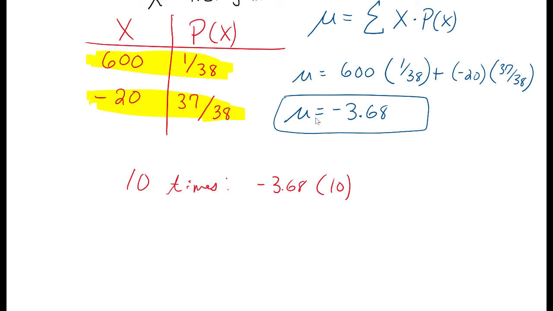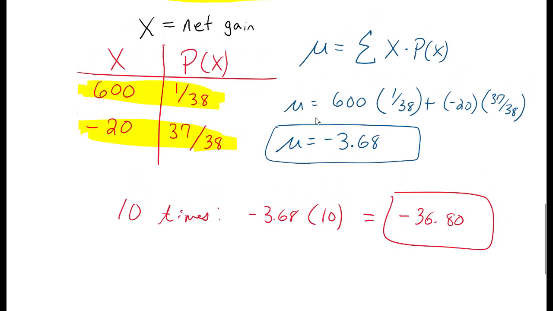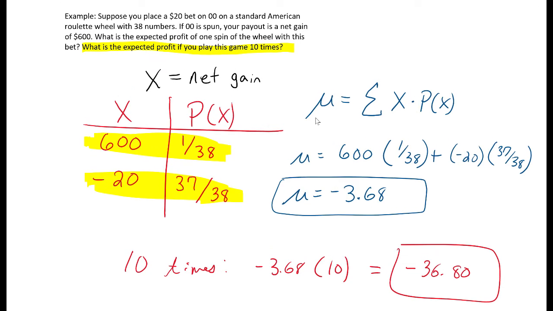I don't need a calculator for that. That just means move the decimal place to the right one place. We're going to get a negative $36.80 if we play this game 10 times. So now it's even more clear. We certainly should not be playing this game. All right, so I hope that clears up some of these concepts of probability. I will see you guys in the next video.